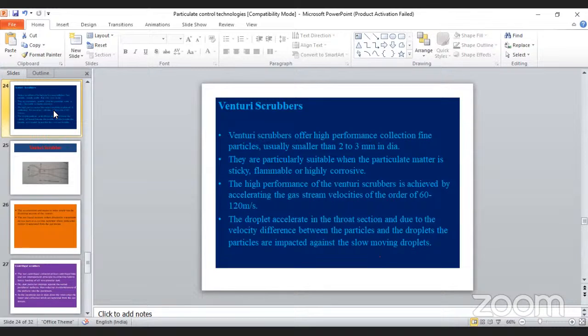And this kind of application, this venturi scrubber, can be mainly used in kraft mill furnaces, metallurgical furnaces, and sulfuric acid concentrators to remove mist and dust. That's what I said, wherever there are corrosive gases, flammable gases, or toxic gases, there only people use this kind of venturi scrubber. Because in this particular unit, we are just increasing or decreasing the speed of the flow.